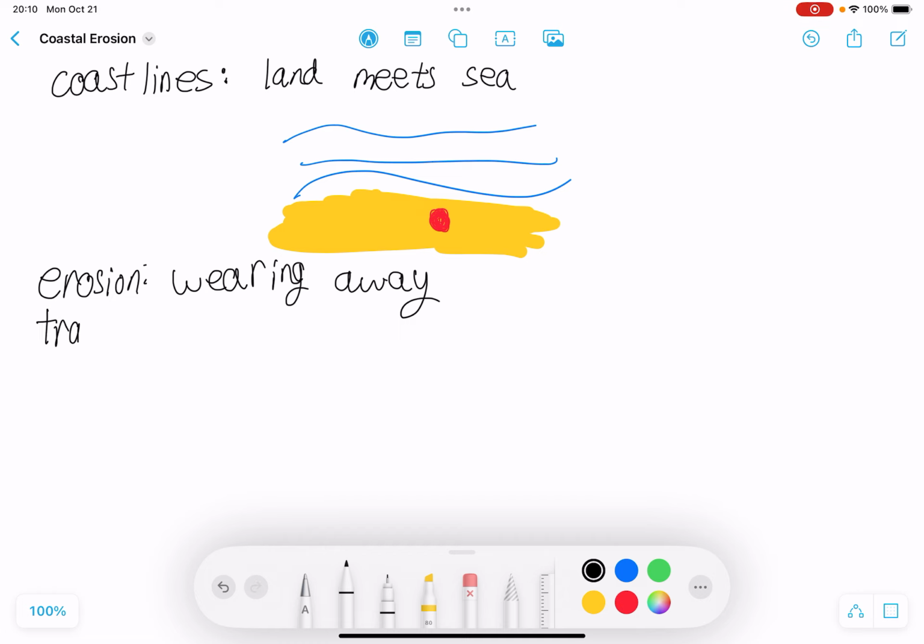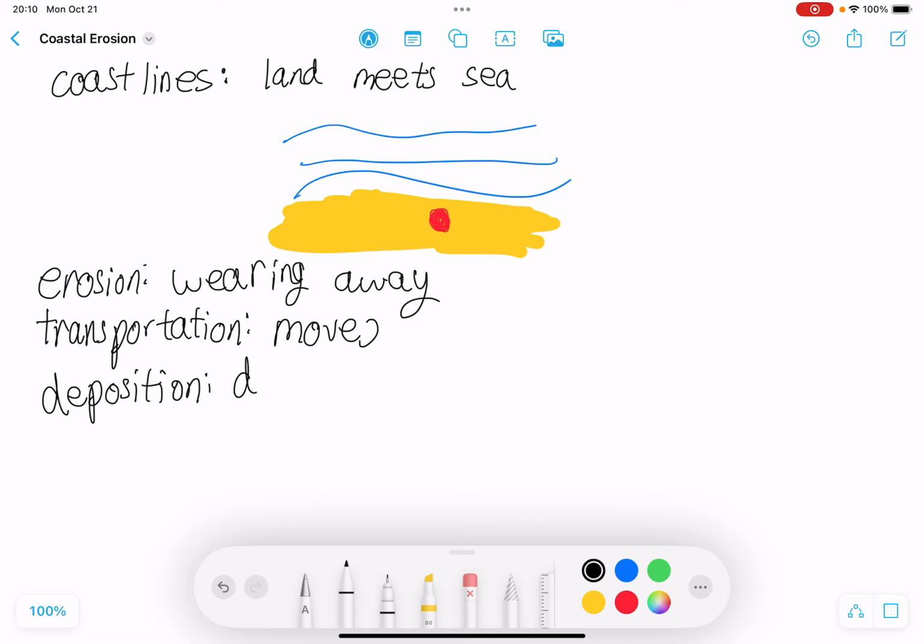One is transportation, which is when the material enters the sea, it moves. It can move to another coastline, or it can dissolve in the sea and become part of the sea itself, or it can just float at the bottom of the sea doing nothing.